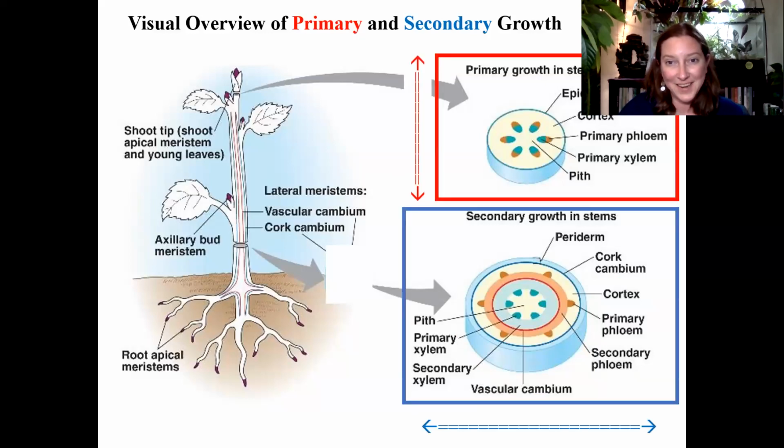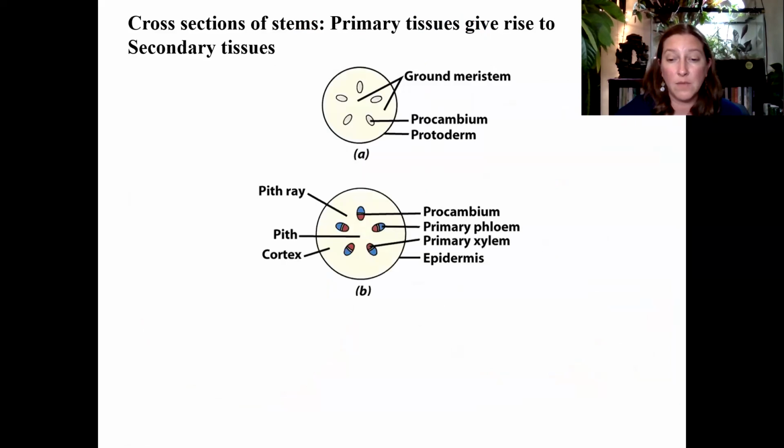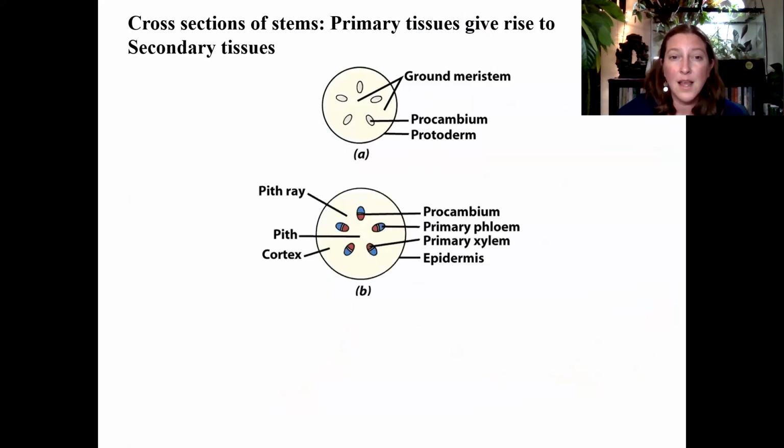Yep, and there's our arrows again, right? Because primary growth is for lengthening and secondary growth is for widening. All right, this is the same thing, but it walks you through it step by step. So here's our ground. Here is our primary meristems, right? They give rise to these primary tissues: pith, cortex, primary phloem, primary xylem, and epidermis.